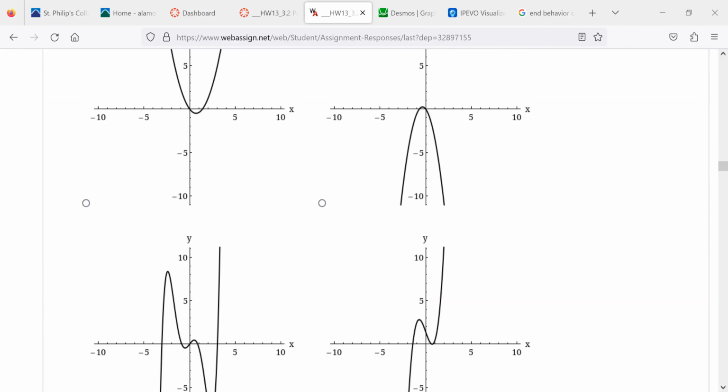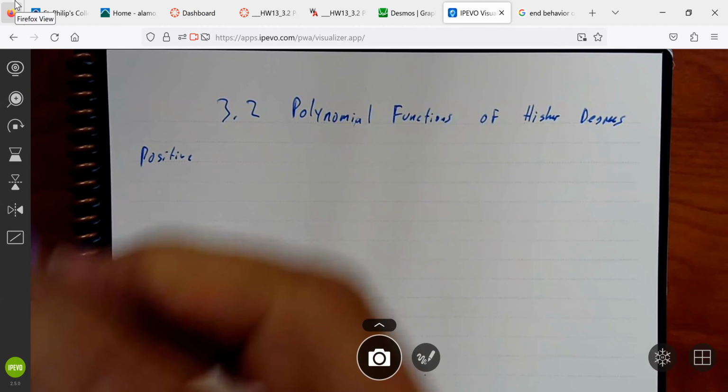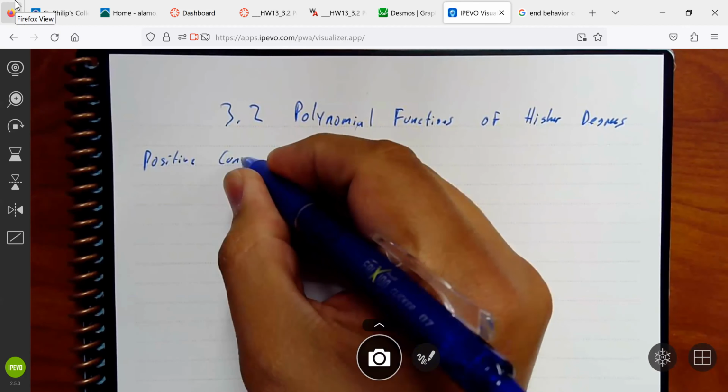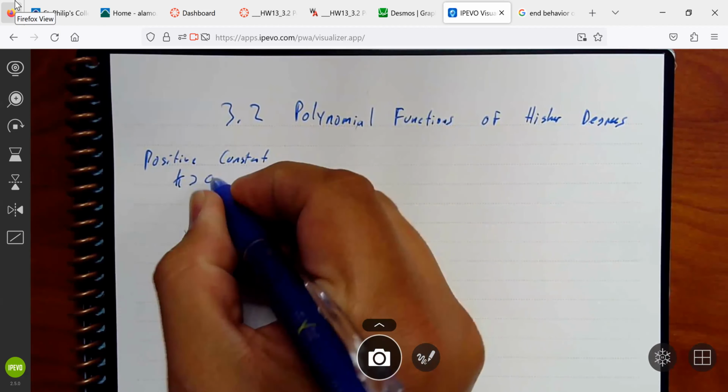Now, another thing you need to know is the end behavior. So let's see here. For even function, first let me create a little chart for you. Let me switch to my pivot here. Positive constant. K greater than 0.